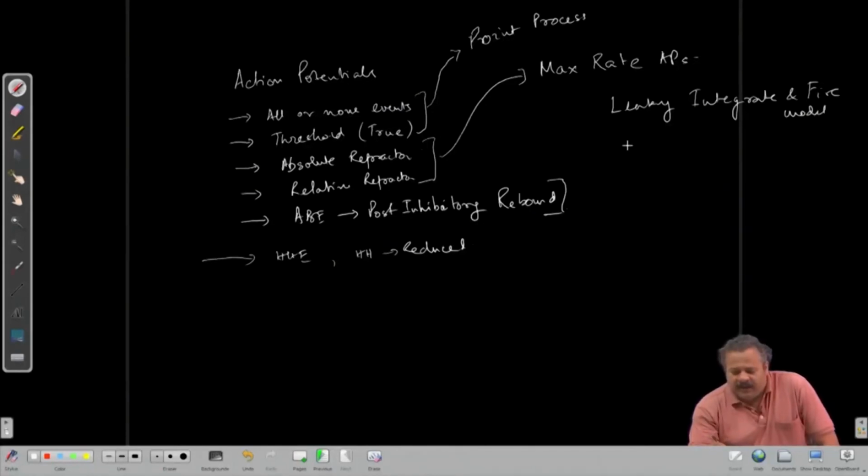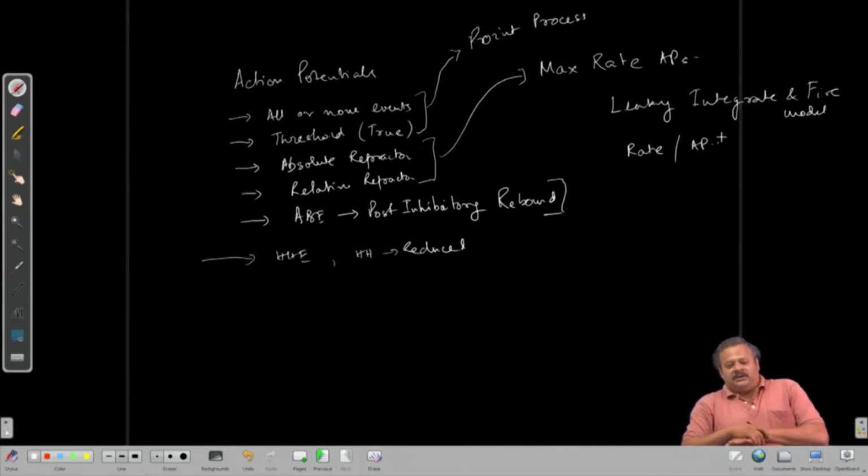So, since the firing rate or rate of action potentials are important, then all we need is the number of action potentials that are occurring and not the entire process of action potentials.